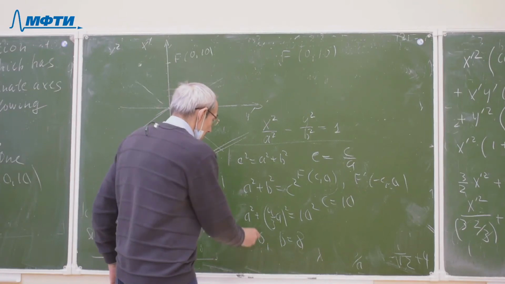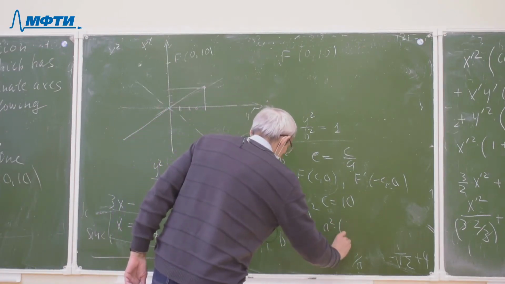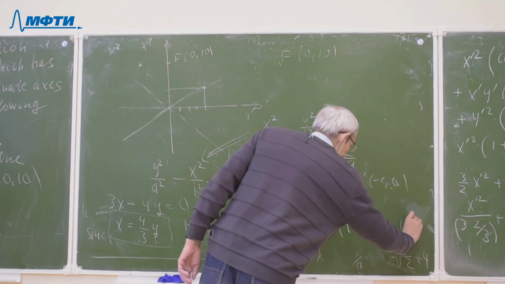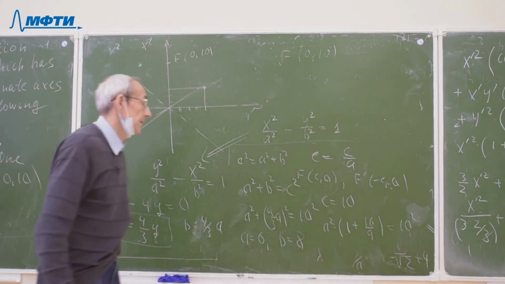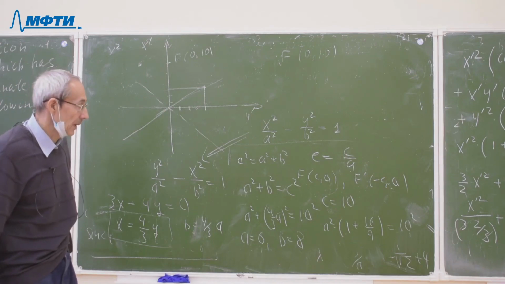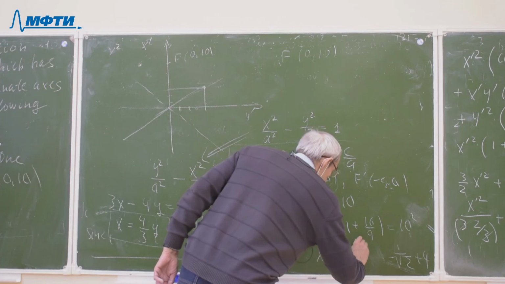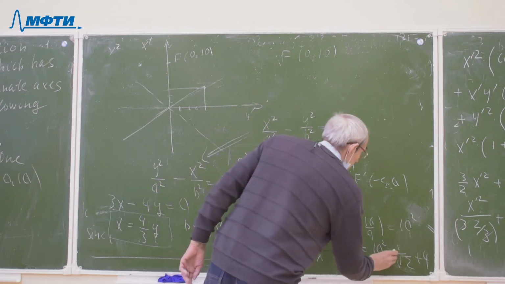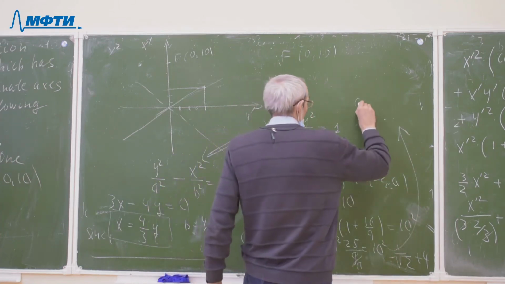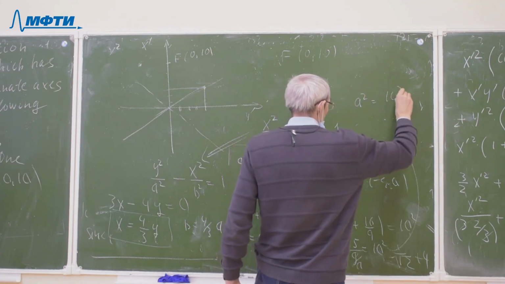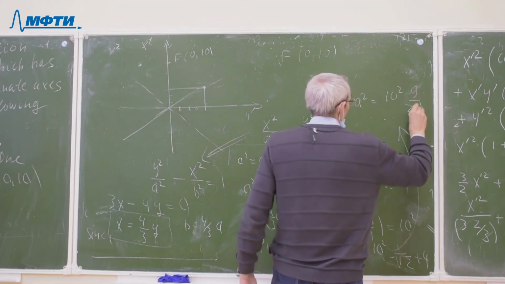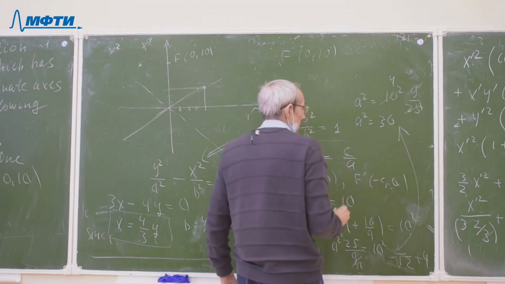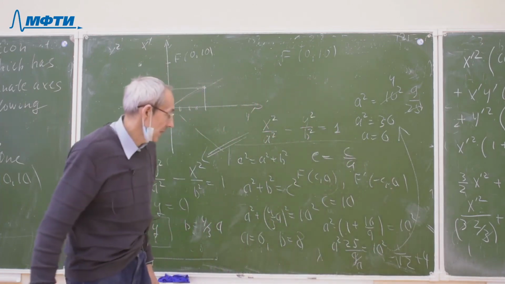Of course. a square times one plus the ratio 16 over 9 is equal to 100, so a square is equal to 36, a is equal to 6.